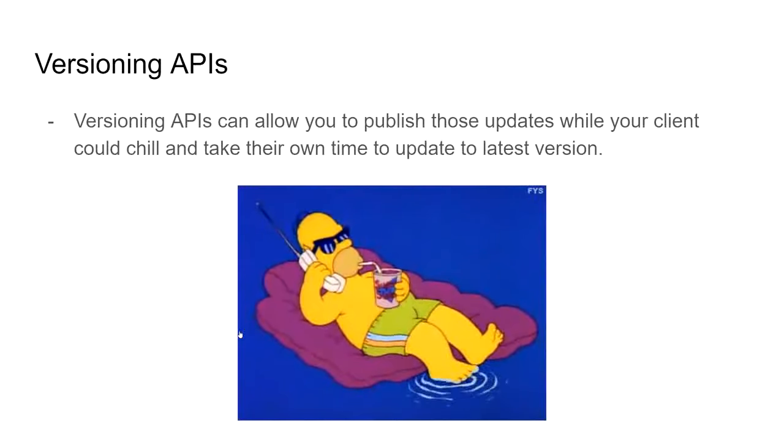So versioning allows you as an API developer to publish updates to your APIs. And while you have updated the API, your clients could chill, and they can update to the newer API at a later point in time, right?